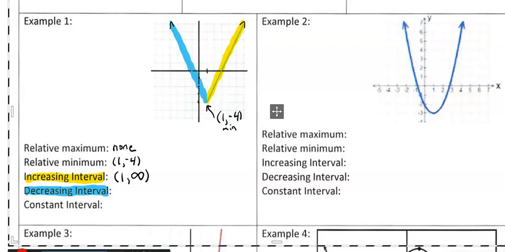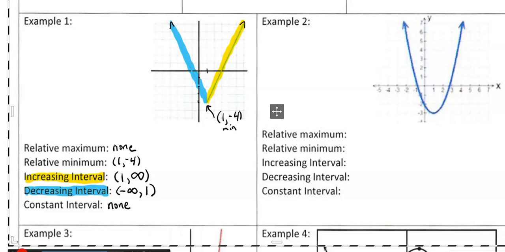The decreasing interval is decreasing all the way from the left, where the leftmost point would be negative infinity, and it continues all the way down until you get here to 1. And then a constant interval, as we remember, is the horizontal portion. Since there is no horizontal portion here, we would say constant interval, none.